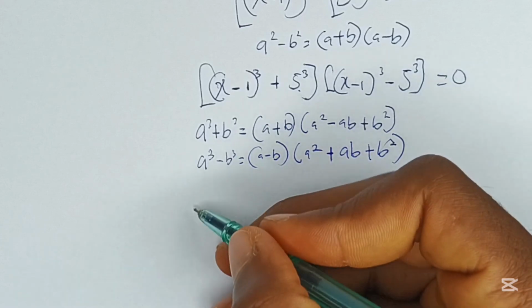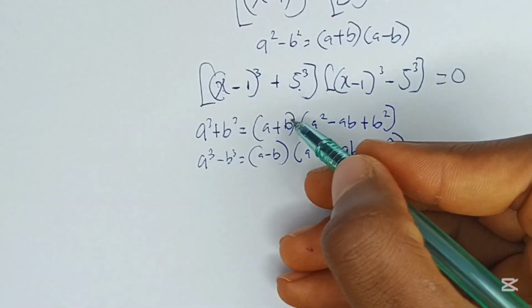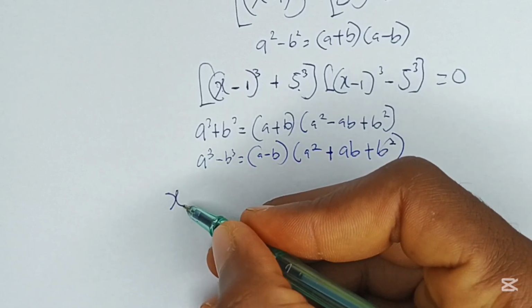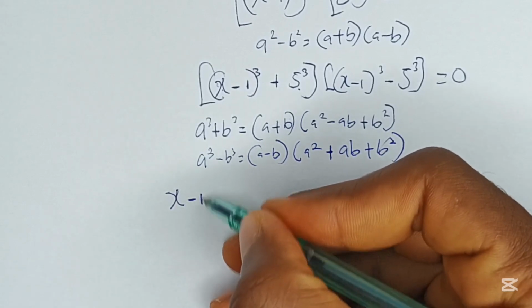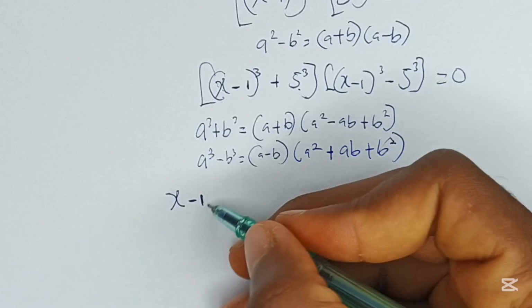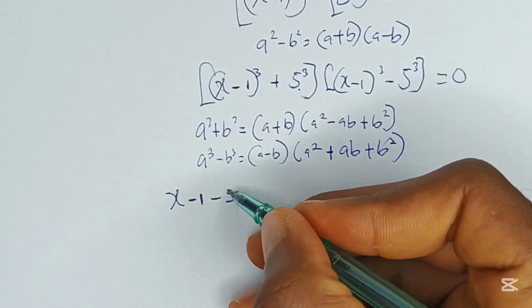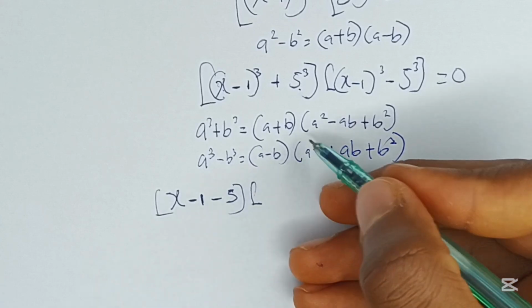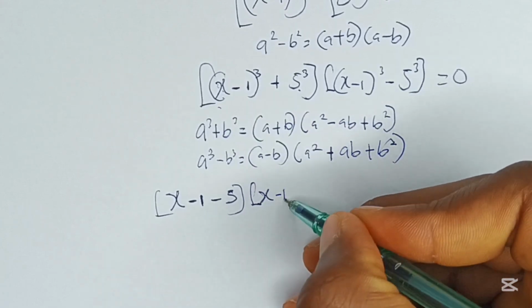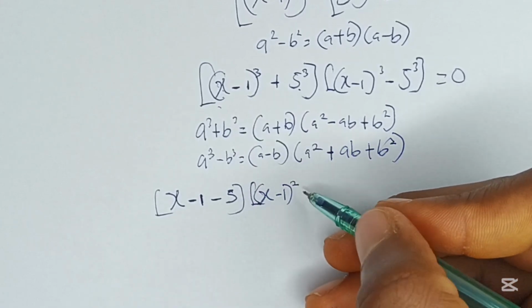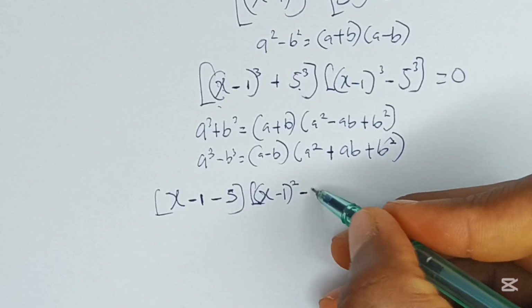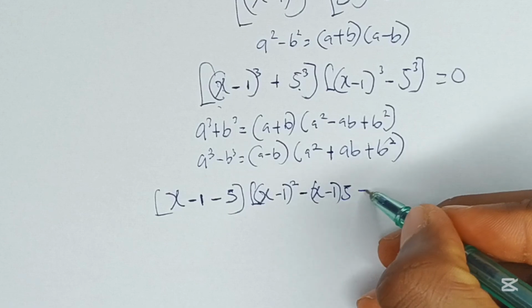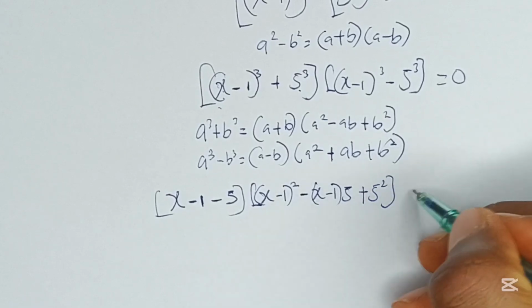So we're going to have, for the first factor, (x - 1), this is b, so we have (x - 1 + 5), now multiplied by this squared, so (x - 1)² - (x - 1)(5) + 5².